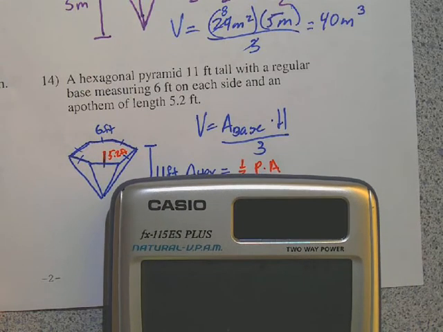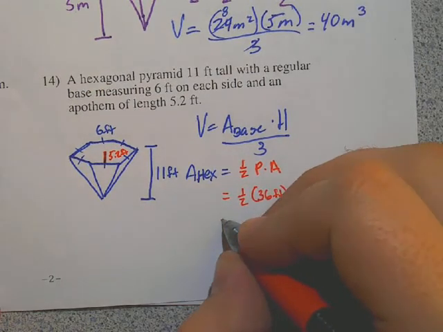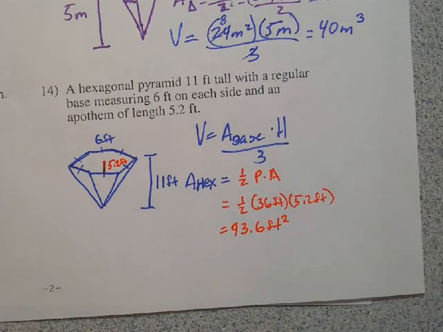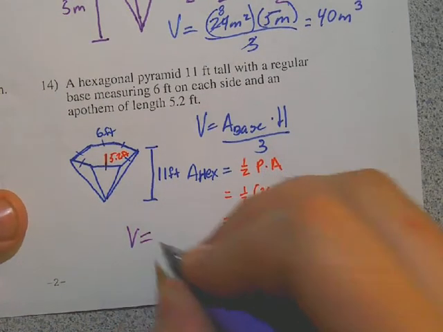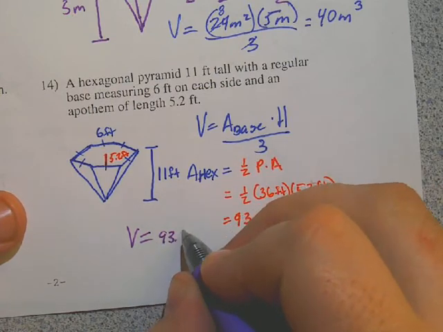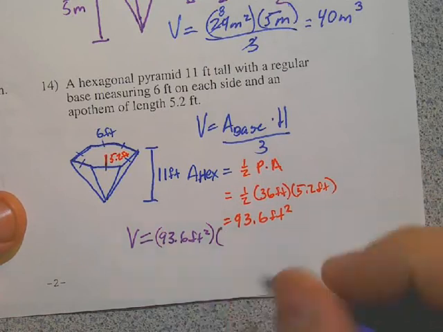And this is starting to sound familiar. I think we've seen this same one many a times. 93.6 feet squared. Okay, good. And next, to do the volume, we need to finish this up. There's your area of the base, 93.6.